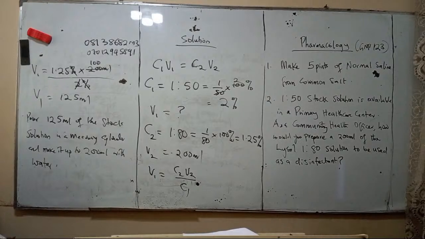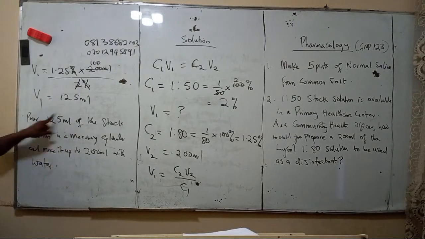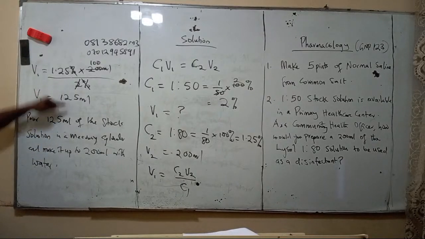But some questions may want you to calculate the amount of water you need to add. If that is the question, because you are moving from 125 ml to 200 ml, you are increasing the volume by adding water. It's when you add water to this that the volume becomes 200 ml.